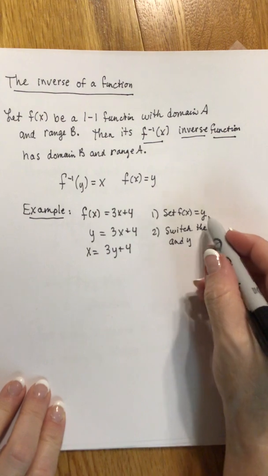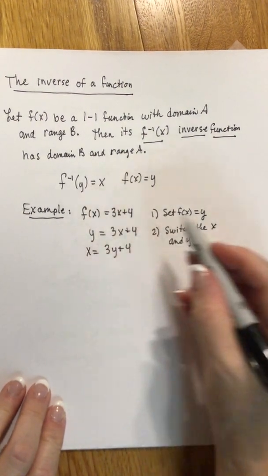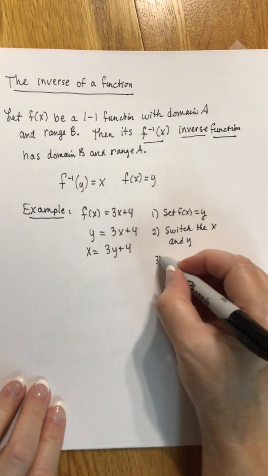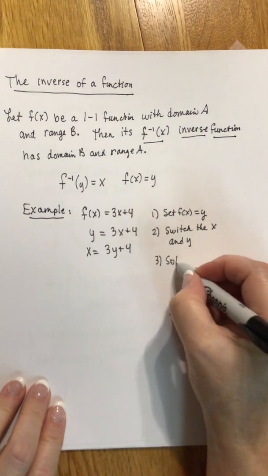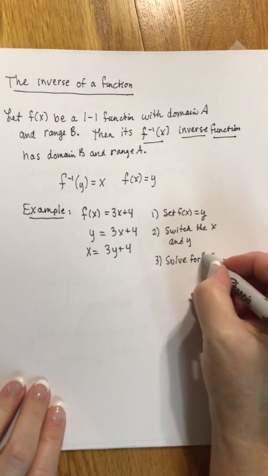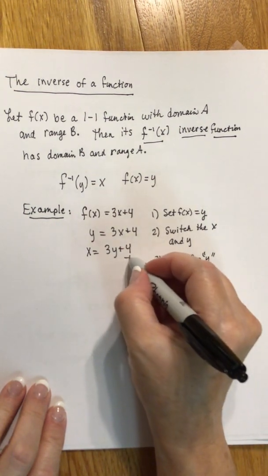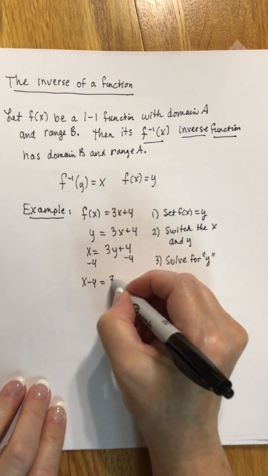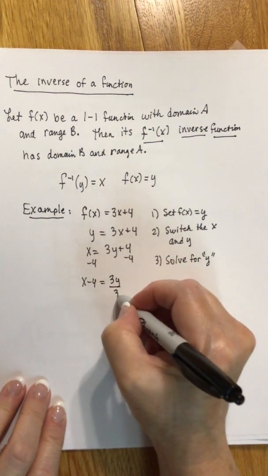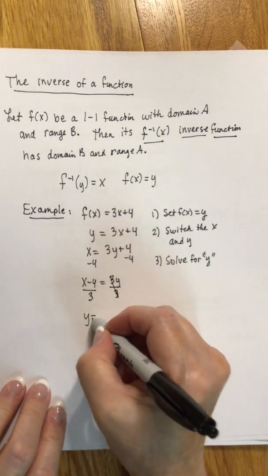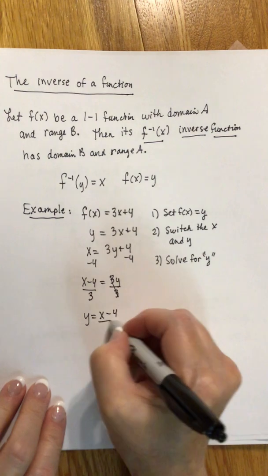So first thing we do, f of x equals y. Second one, we switch the x's and the y's. The third one is to solve for y now. So I subtract 4 from both sides. I get x minus 4 equals 3y. Divide by 3, the 3's cancel, and I get y equals x minus 4 over 3.